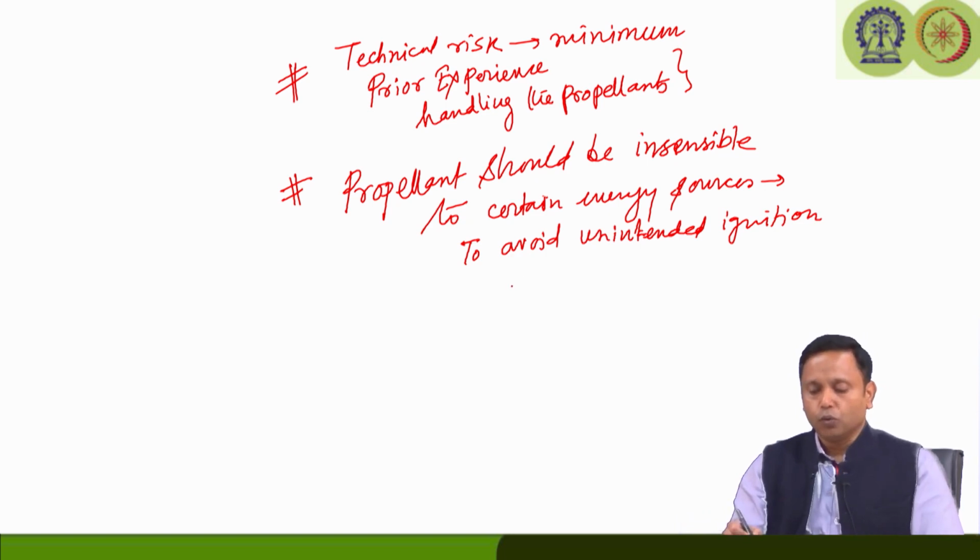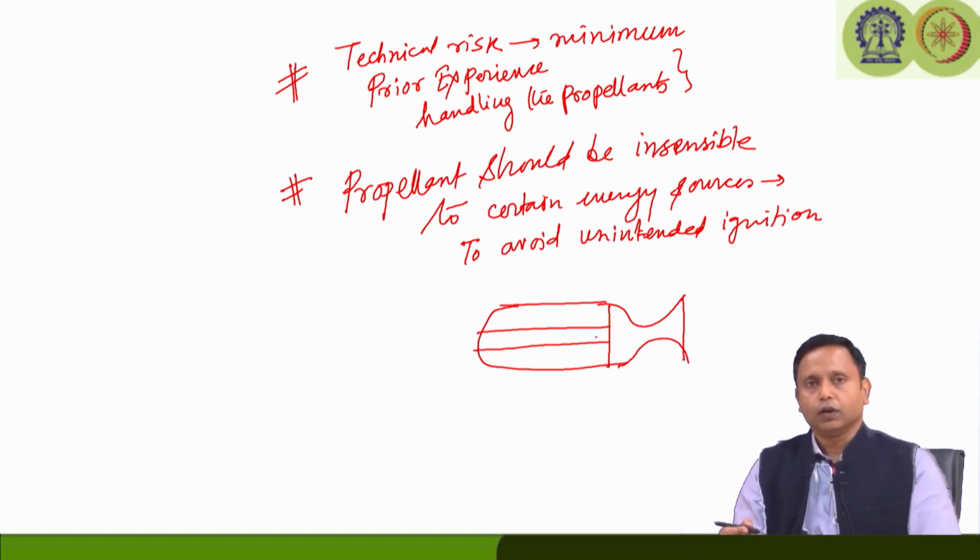That means, let us say we have loaded the propellant in the rocket motor. Now, this rocket motor can be subjected to various stimuli. While during transportation it may be subjected to vibration. Now, the vibration may cause some segments to not be aligned properly, there may be a little bit of tolerance.